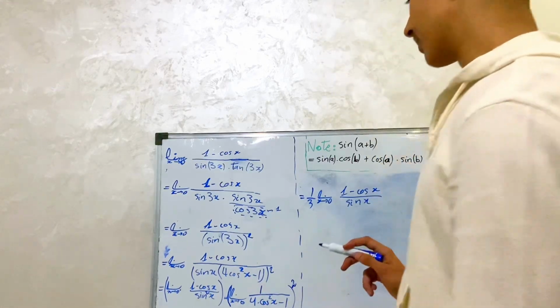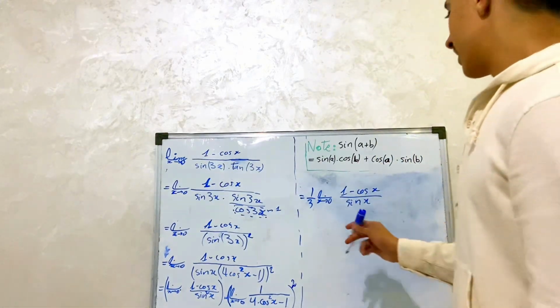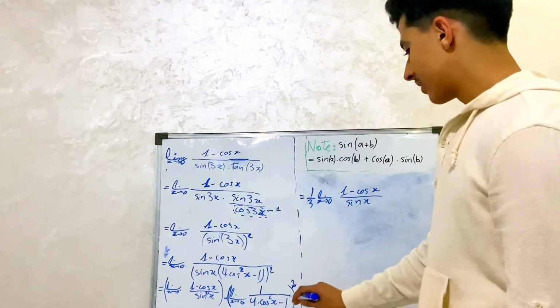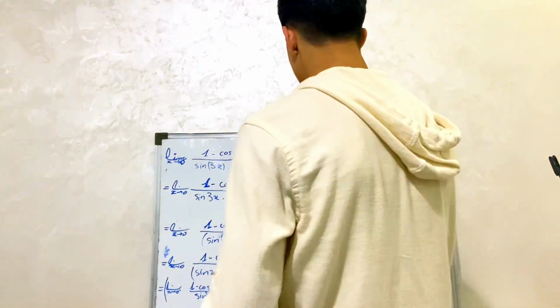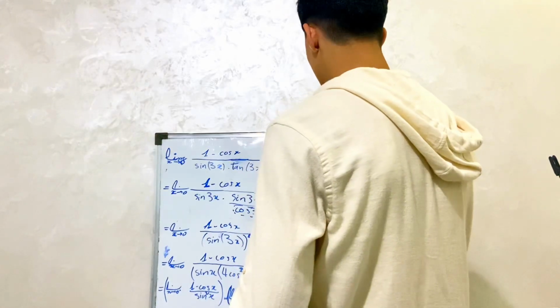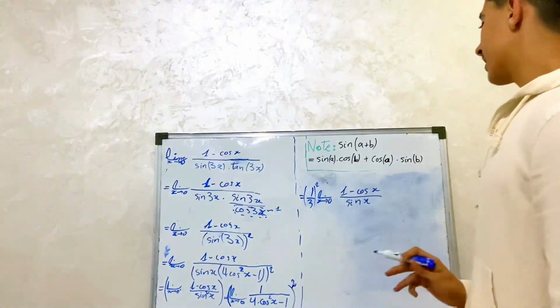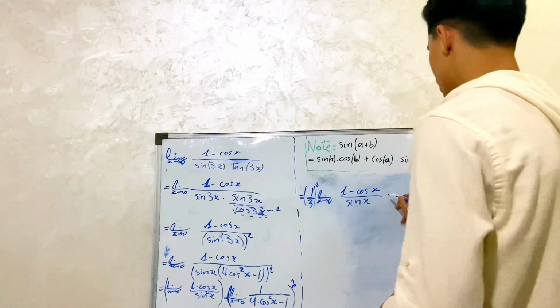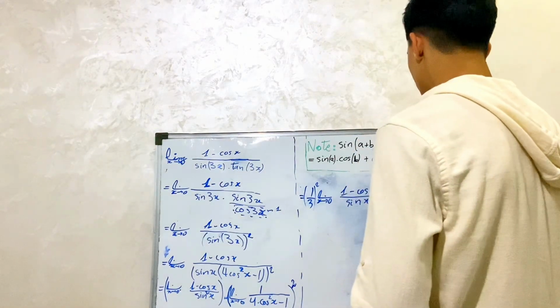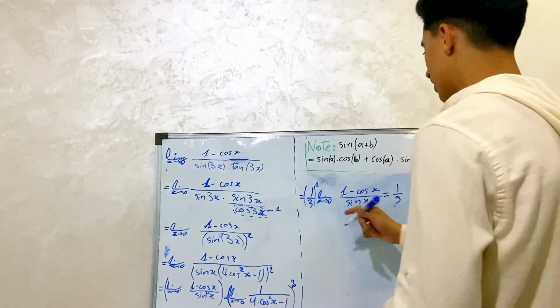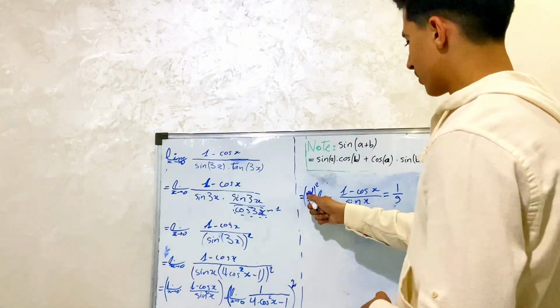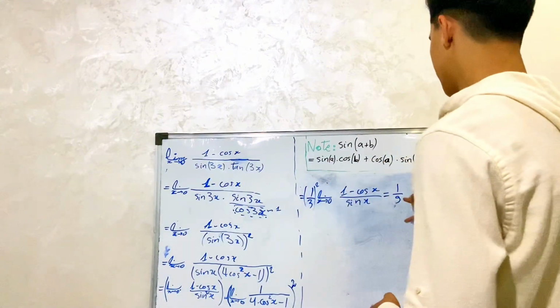Yep, there we go. I was about to mess up. So 1 over 3, the whole thing squared. You can just square this. Okay, so this is basically 1 over 9. This is because 1 squared is 1 and 3 squared is 9.